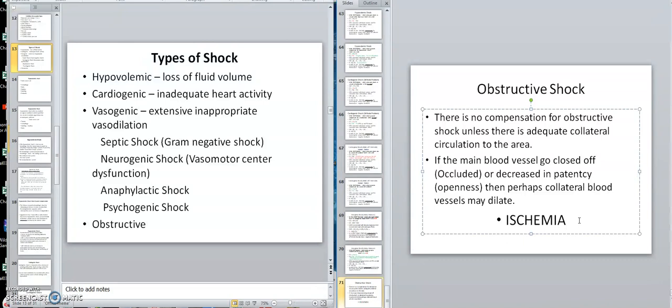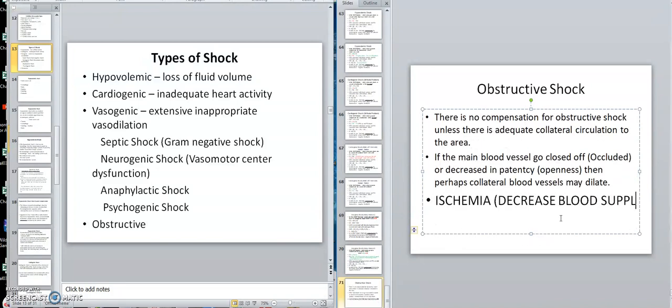So in other words, this area is becoming ischemic, a decreased blood supply. I want you to burn that word in your mind. Big word, big time in clinical.